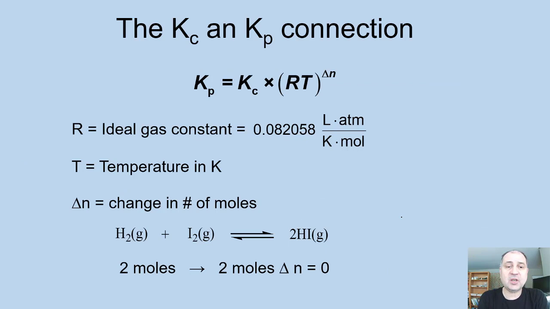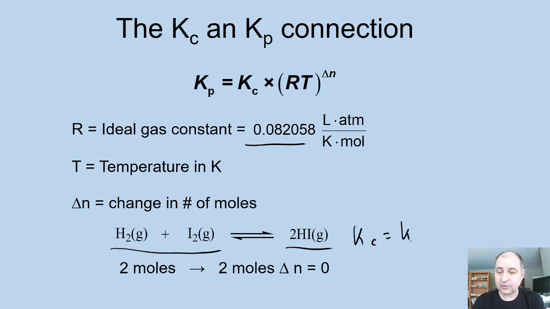And so we use this equation here: Kp, the equilibrium constant with pressures, equals Kc times RT, where R is the ideal gas constant (I will give you this equation), T is the temperature in Kelvin, all to the power delta N, which is the change in the number of moles. So in this reaction down here, if you have 2 moles total and your product also has 2 moles, then Kc is going to be equal to Kp.